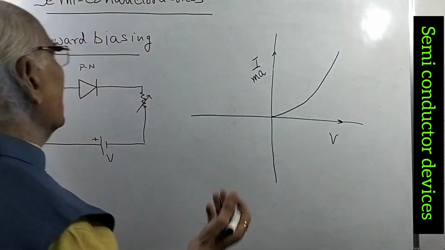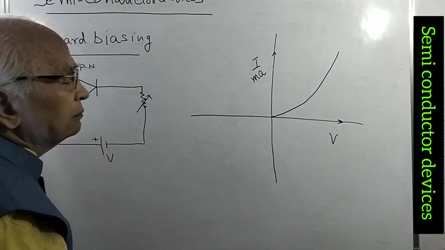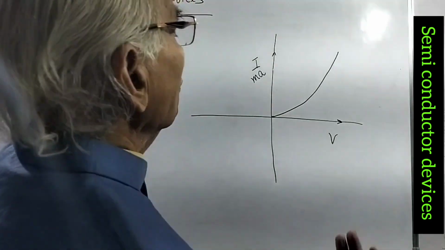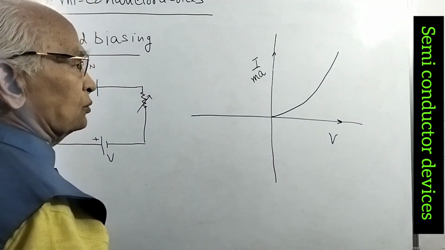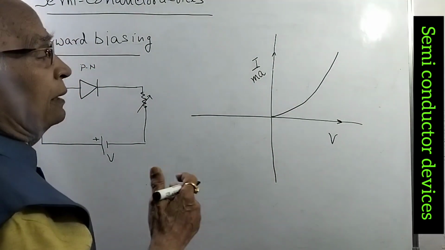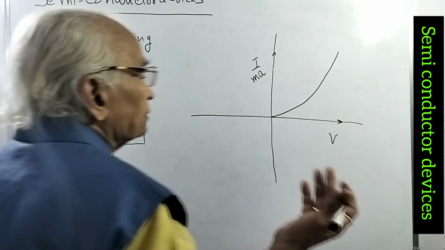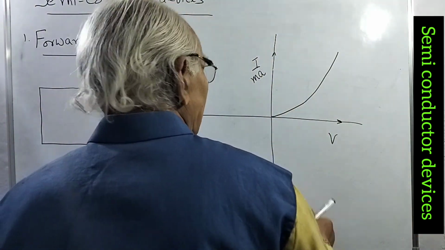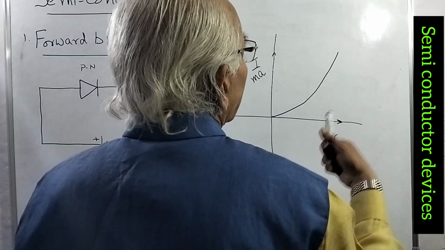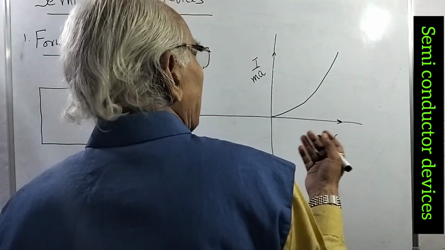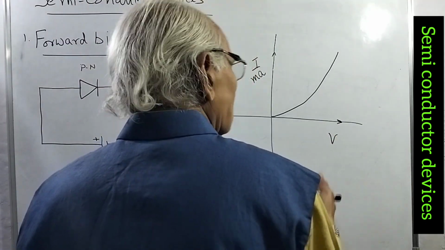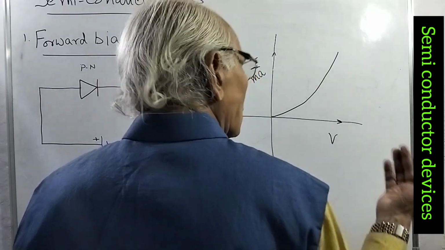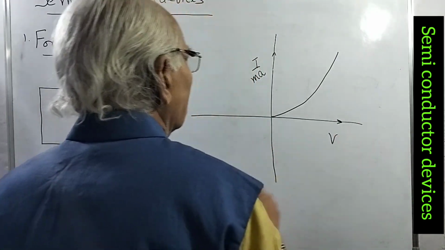If current becomes large, it may burn the material, silicon or germanium, whatever semiconductor you are using. Your device is finished. So increase voltage up to a certain limit. Current may be a few milliamperes, maybe 10, 20 or 25 milliamperes, not more than that.